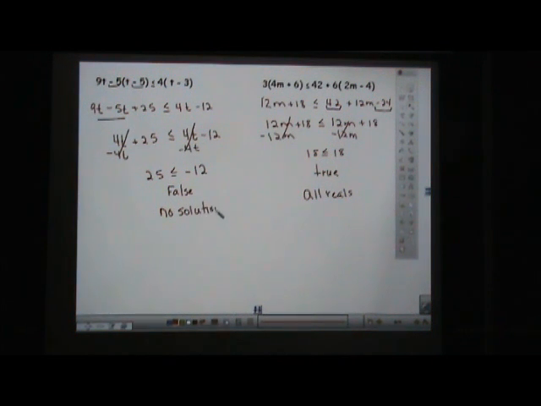Our textbook calls this an empty set, but a no solution will be fine for your answer. So if we get down, the variable's gone and it's true, all reals. Get down to where the variables are gone and it's false, then it's no solution. Just the same way we did some of those with regular equations before.